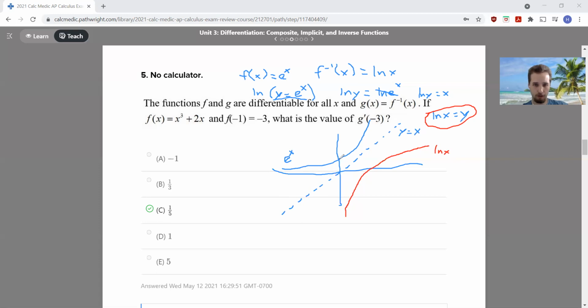So this is 0, 1 on the line. And the inverse of that is going to be 1, 0.